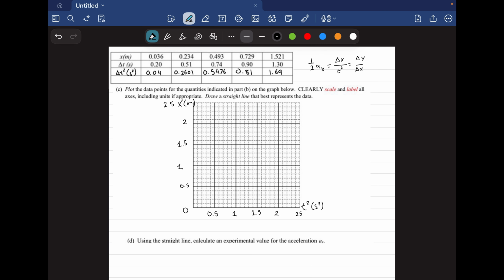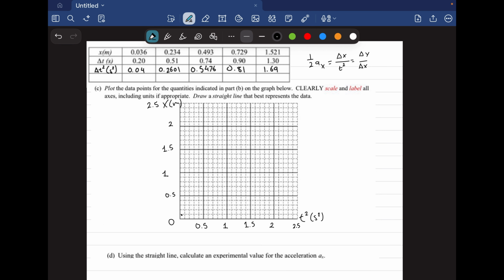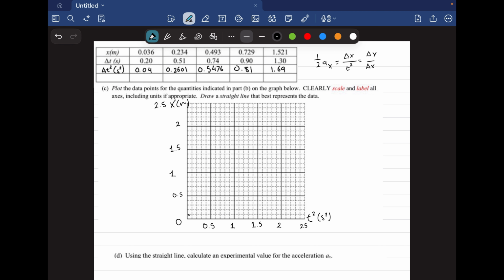Okay, so 0.04, and then up 0.36. So right here, and then 0.26, around here.